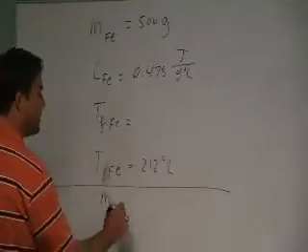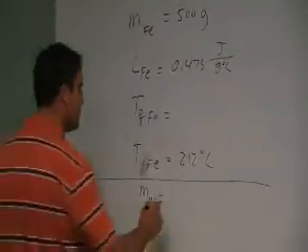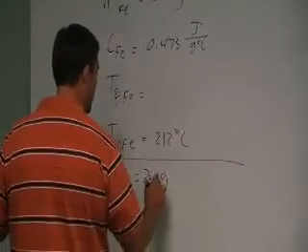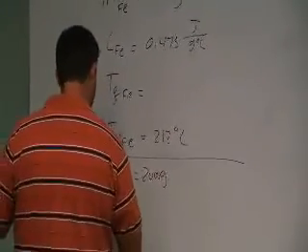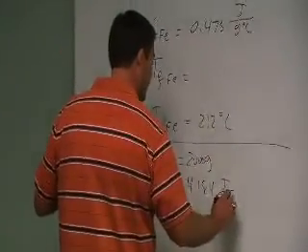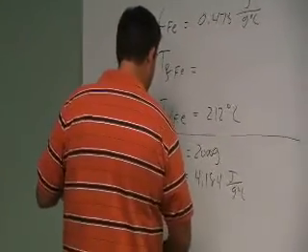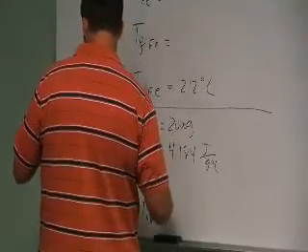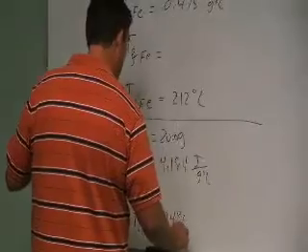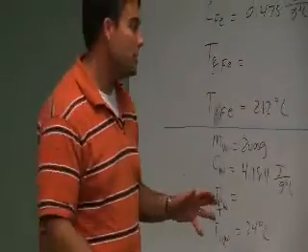So what's the mass of 2 liters? 2,000 grams, right? 2,000 grams of water. Specific heat of water is 4.184 joules per gram degree centigrade. We're going to have a final temperature of the water and an initial temperature of the water at 24 degrees centigrade.